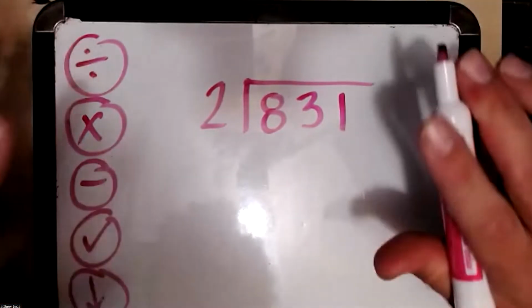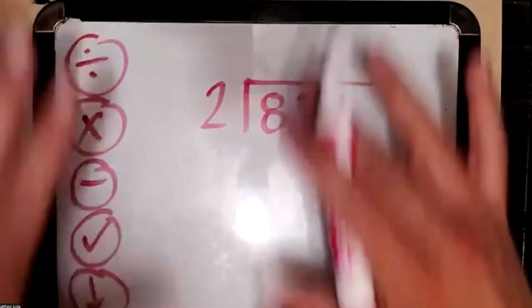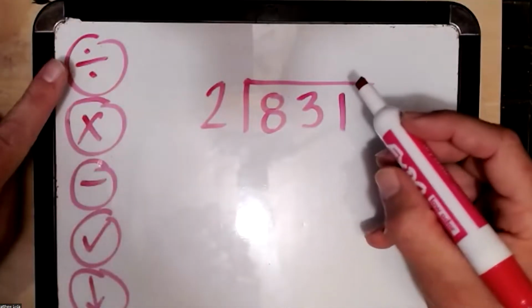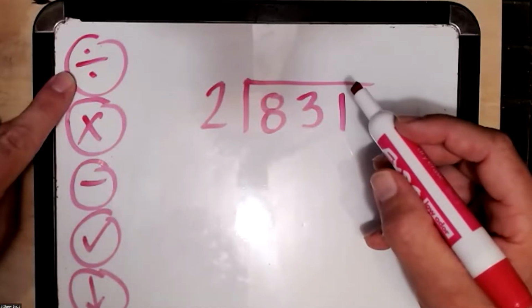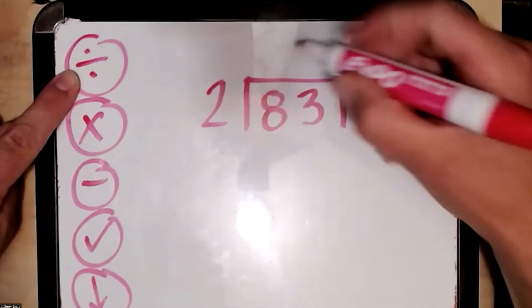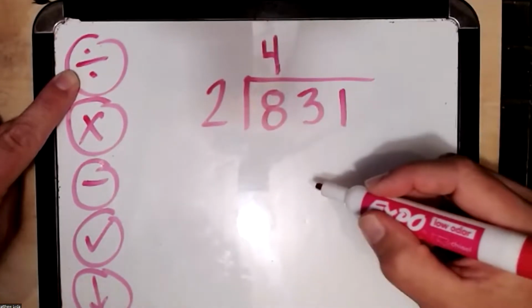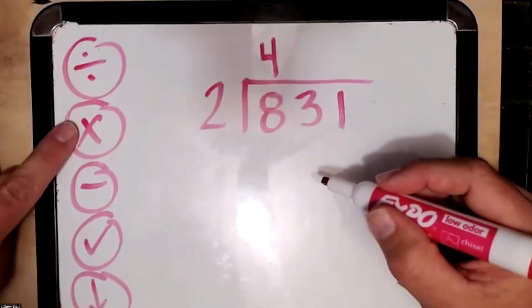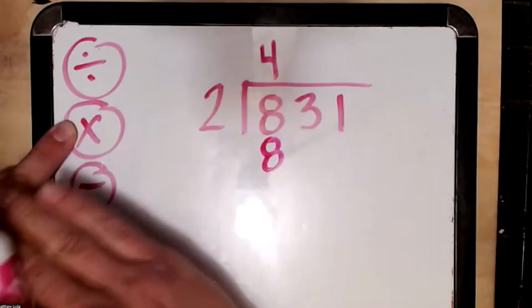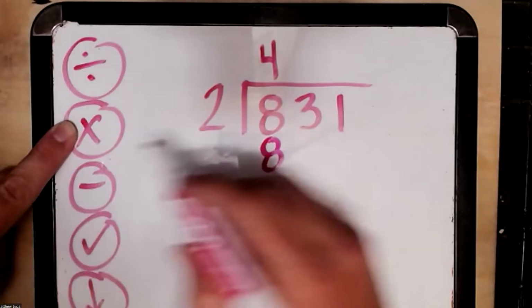I encourage my students to use both of their hands while doing this problem. And so they'll take their pointer finger and they'll touch the divide button and say divide. So 8 divided by 2 is 4. Go down to the next button, multiply. 4 times 2 is 8. The finger stays on the button till the next one.